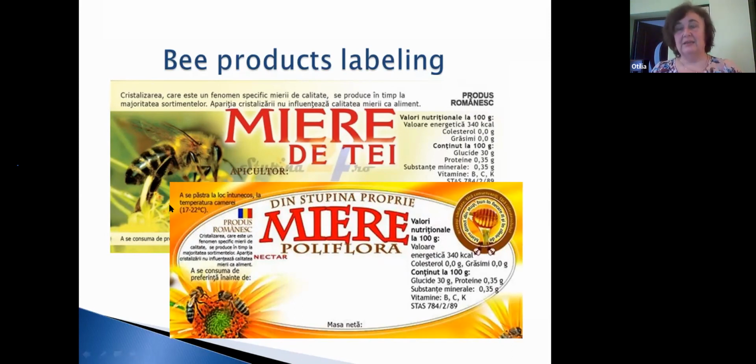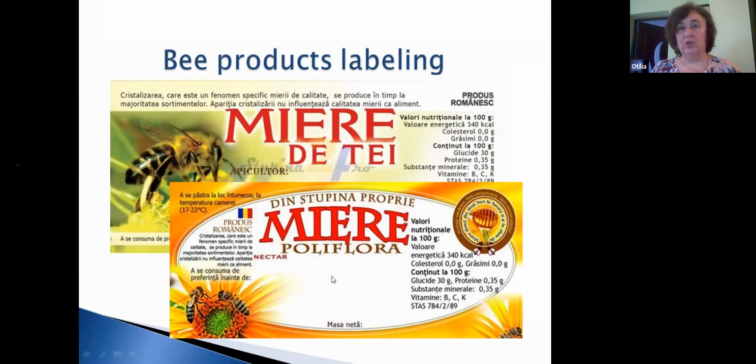So I'm advising the beekeepers, producers of honey, to spend a little amount of money to go to the laboratories which can make this analysis and to make labels of their own. It's very important to have your own mark, because you are a producer who makes these wonderful products, and it's a pity to have these stupid things written on the product that you produce and you want to sell.